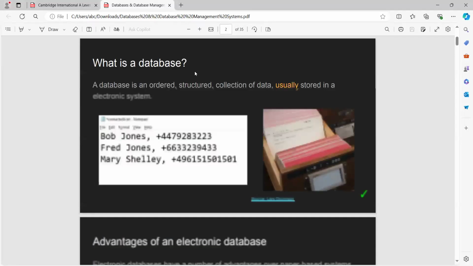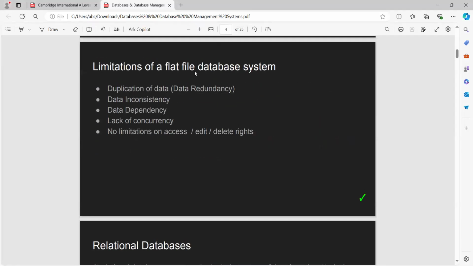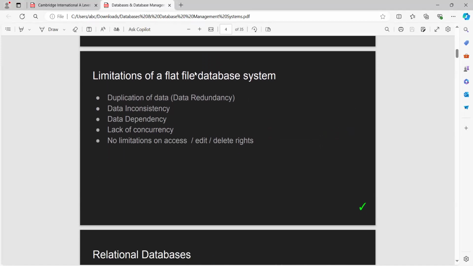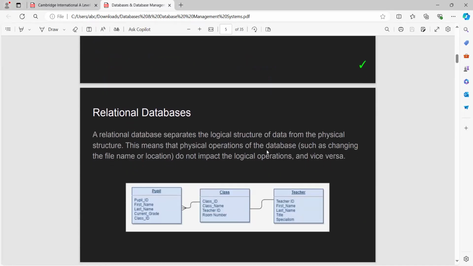Right here, you can get a recap of the limitations of a flat file system: duplication of data, inconsistency, data redundancy, lack of concurrency. However, a relational database is the one that links everything together.